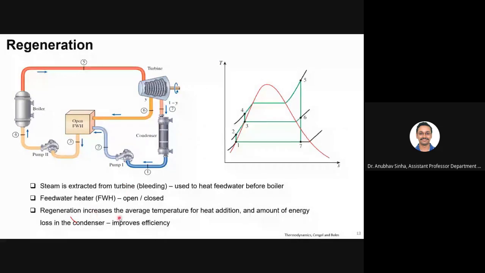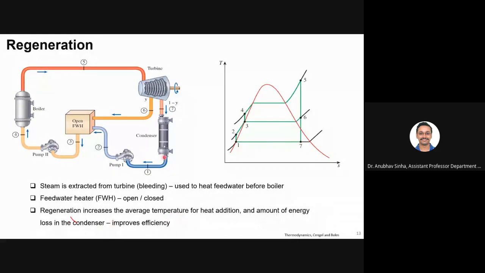It increases the average temperature for heat addition, and the total amount of energy that is lost in the condenser is changed. If you look at the actual numbers, the temperature, pressure and entropy values, we'll look at some examples, you see that overall it improves the efficiency.